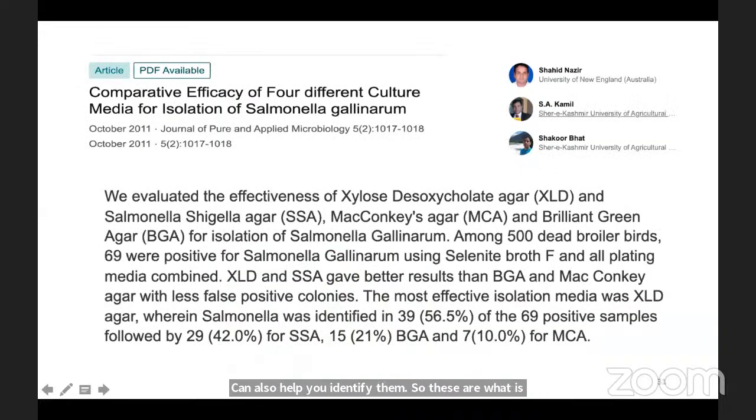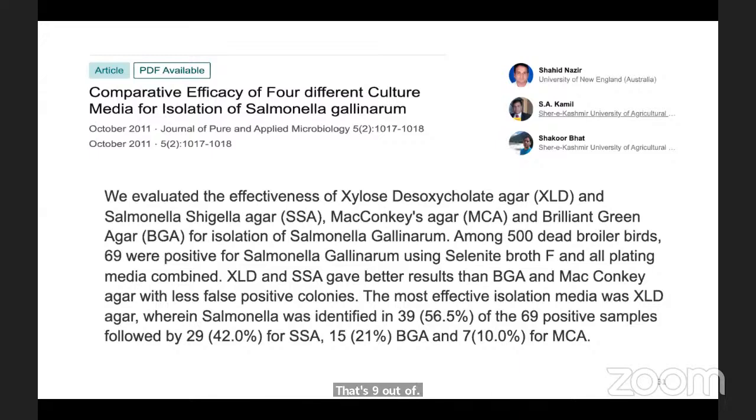I saw this and I wanted to share. So it's been a long time. XLD is almost lost in the system, but several studies have shown its superiority over MacConkey, over DCA. So if we can, let us get the XLD. This study showed that XLD was very effective in isolating 39 out of 69 positive samples.